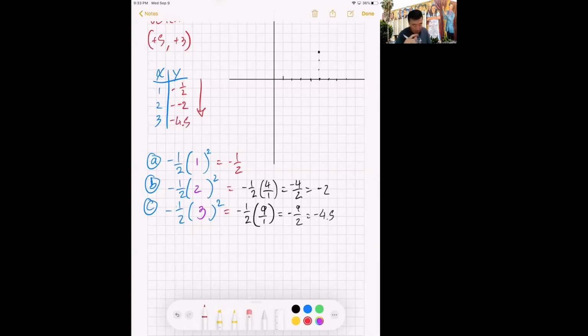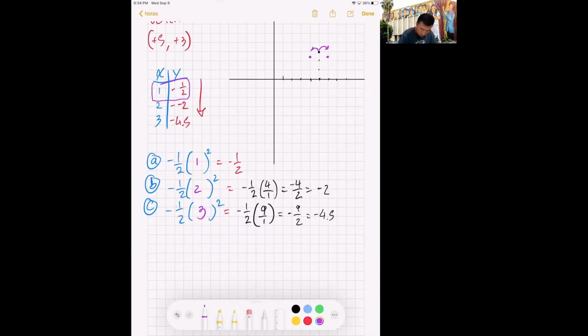So let's check it out here, okay? So the first one, I take 1 step to the left and 1 step to the right. How many steps down? Half. So that means that it's over here. That's a half step. We good?